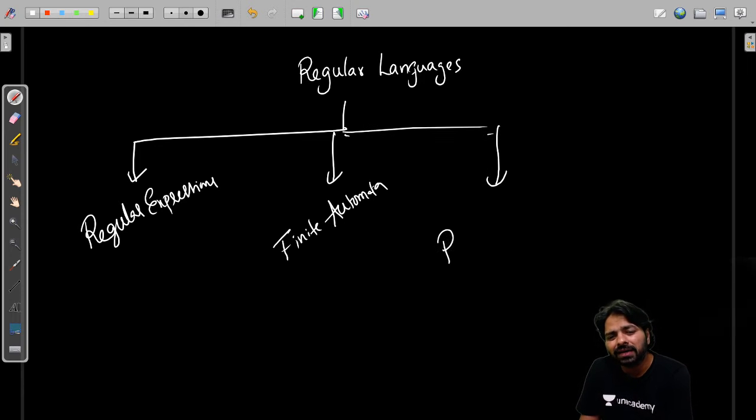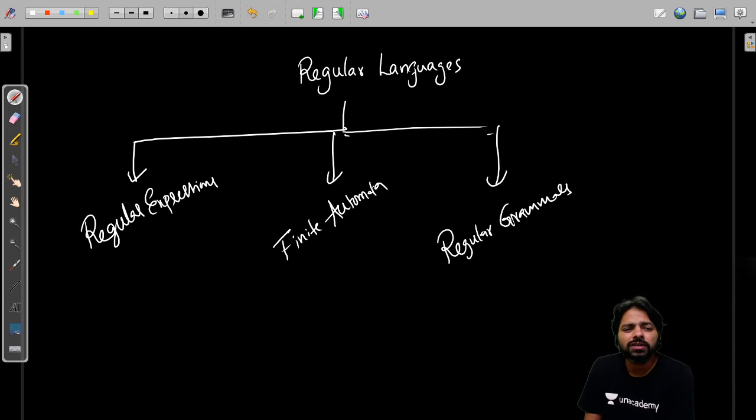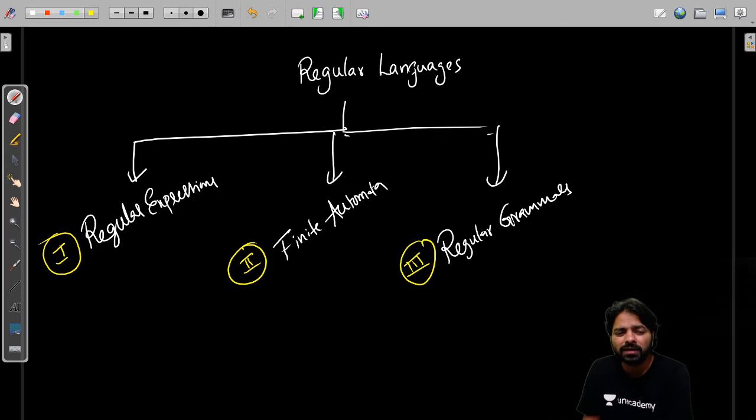We also have regular grammars. The first topic we are looking at is regular expressions. Once we complete that, we'll go to finite automata, then regular grammar. But all are equivalent. If you have one regular expression, you can convert it to a finite automaton.